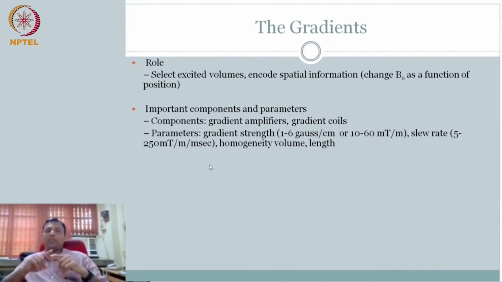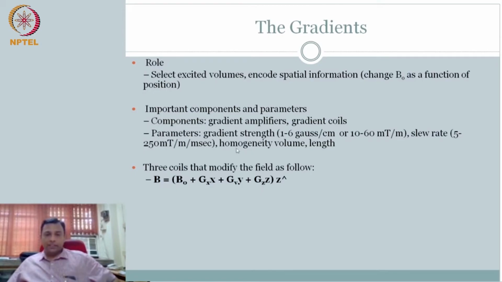Apart from that, the length over which it changes is also a parameter of interest, because that determines in absolute terms the field strength at different endpoints. And there is the homogeneous volume over which you can pretend that the field strength is homogeneous. All these are important parameters.